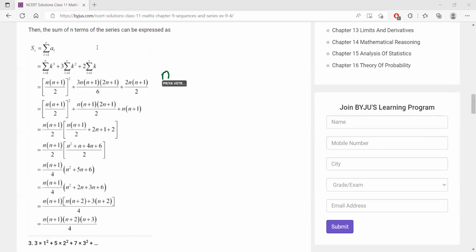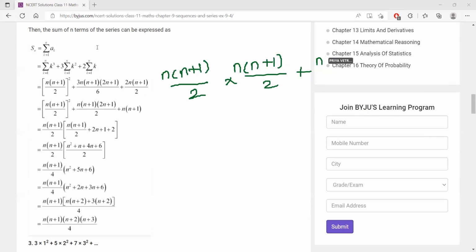So n into n plus 1 the whole square divided by 2. So I can write it like this. I can write the whole square like this. Okay, plus. I'll just use a different color for the next one. I'm writing the square term now. n into n plus 1 into 2n plus 1 divided by 2.